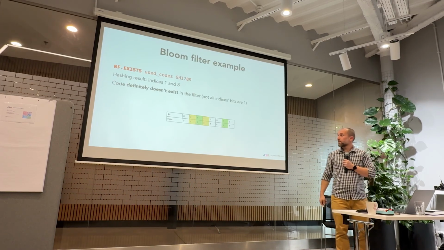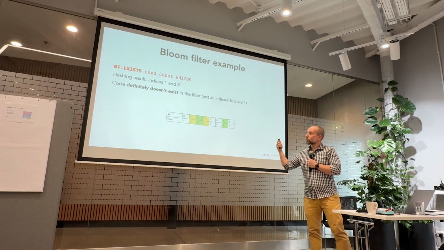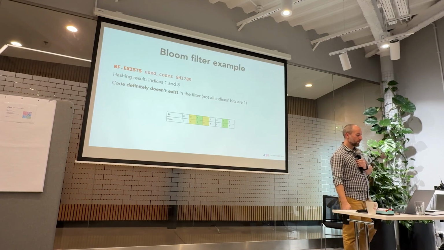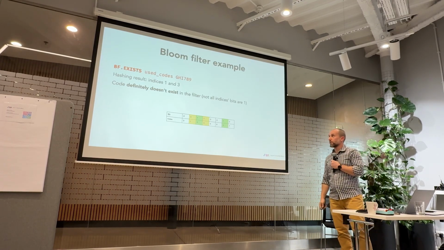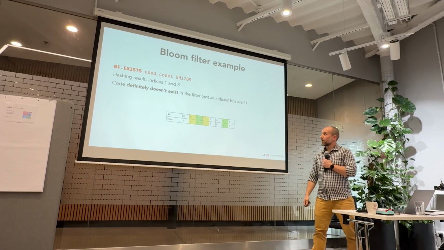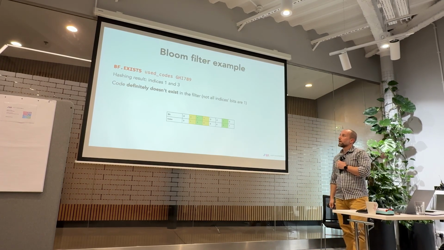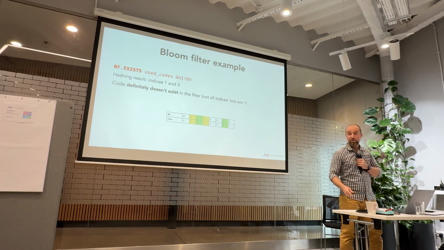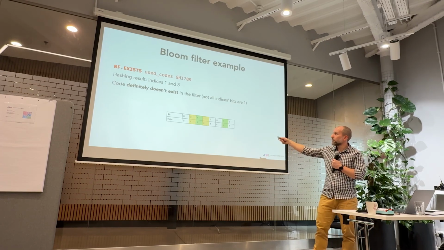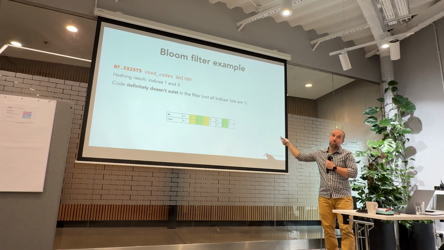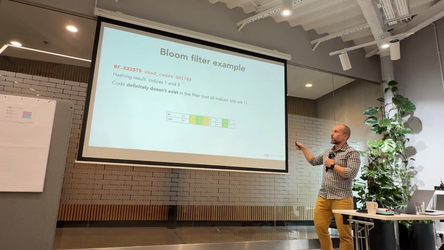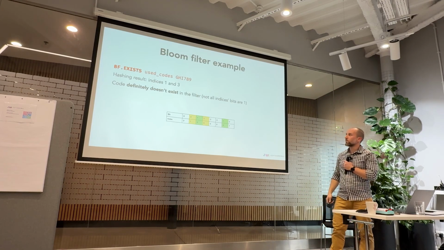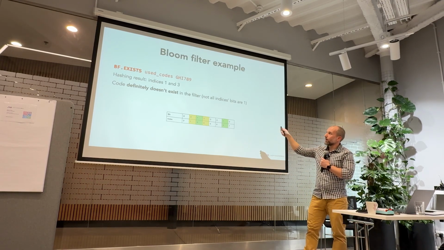And then, if we have that structure with 2 elements in place, we want to check if the next code is in our filter. And there is bf.exists. The hashing result gives us indices 1 and 3. And we can tell now that the code definitely doesn't exist in the filter. Why? Because while the third index is 1, so it could be in the filter, because something already hit that bit on index 3, we have this one index which is still 0.